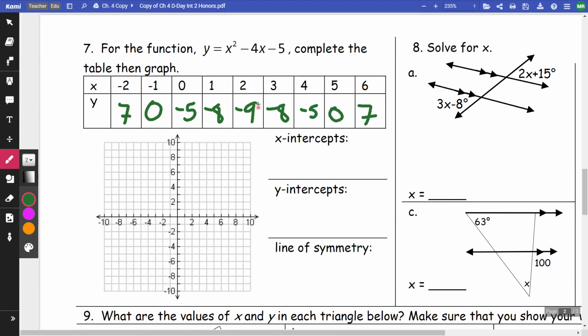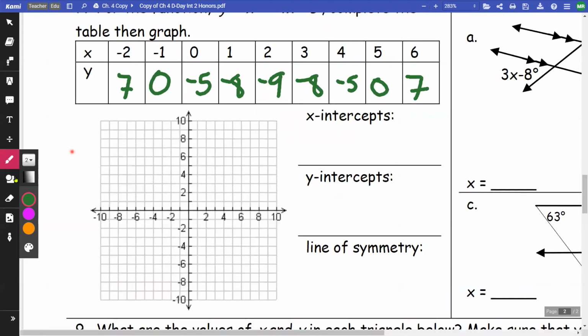And what you'll notice is that it is symmetric. Here, this 2, -9 is actually going to be my vertex. These pair up, the zeros pair up, and the sevens pair up. This should be a U-shaped graph. We call this a parabola.